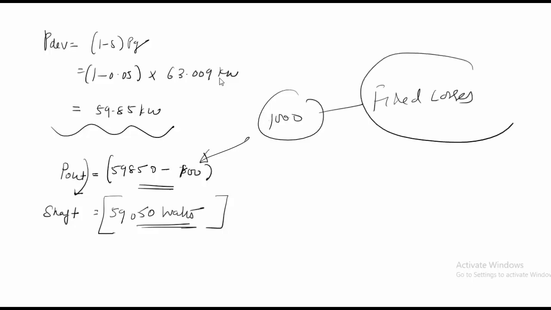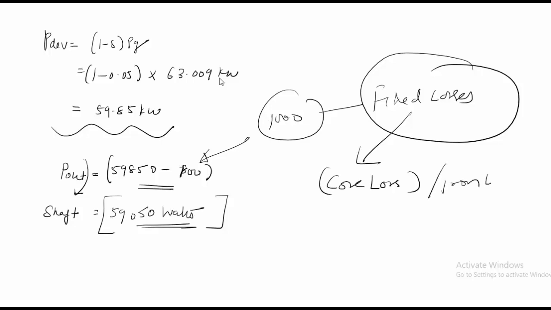So this is the fixed loss, which is the core loss or iron loss component plus your mechanical losses.